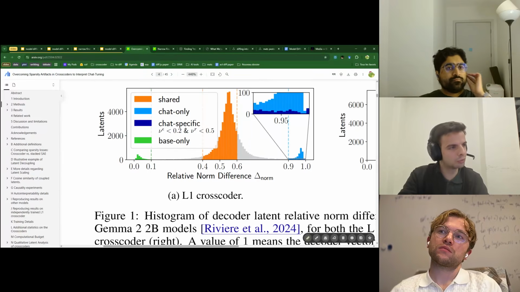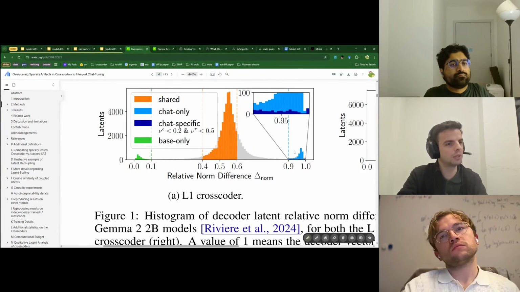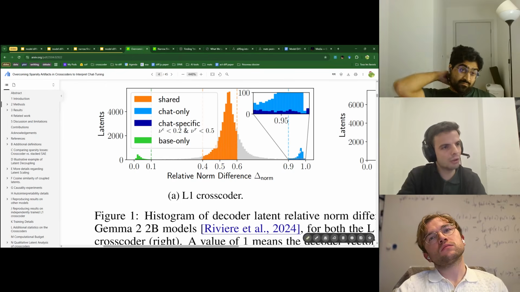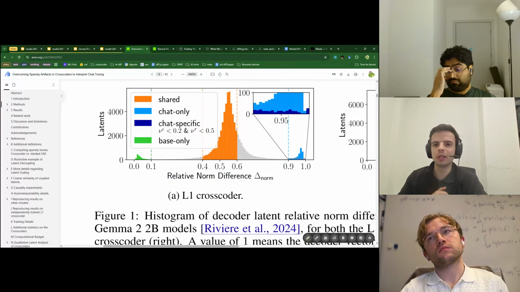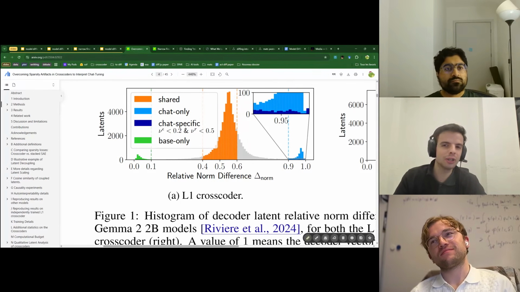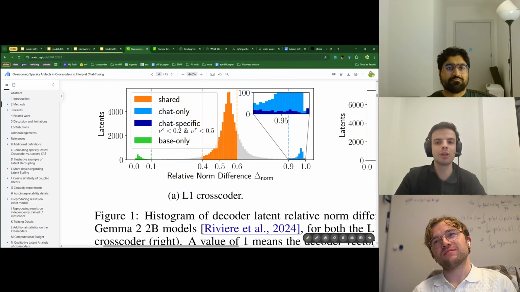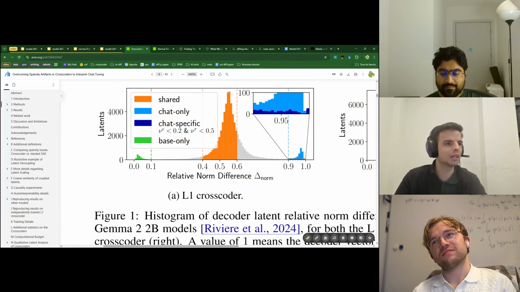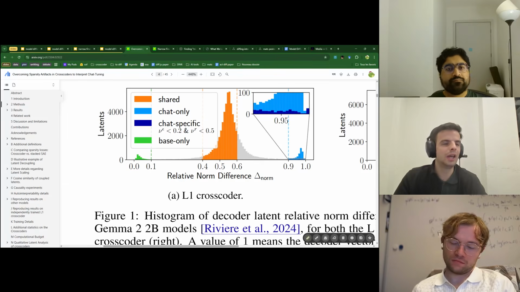But there you have 2 bumps on the 2 ends, and we will focus on this bump here, where it seems like all those features are very much chat specific. When we looked at them, we found that a lot of them are not interpretable. Maybe 1 out of 10 is super interpretable, super relevant to the chat tuning, but 9 out of 10 are just noise, and we don't really understand why they're here.